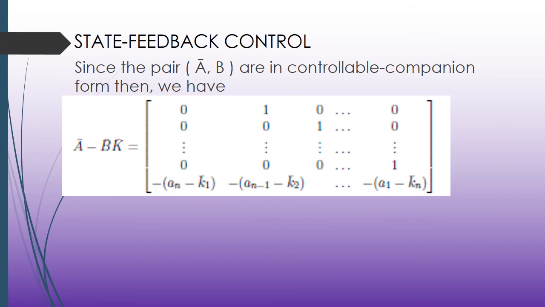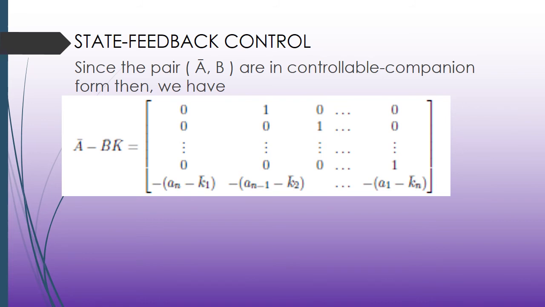Â minus B̂K̂ is equal to a column of 0, 0, until it reaches negative (a_n plus k_1). The next column is 1, 0, until it reaches negative (a_{n-1} plus k_2).